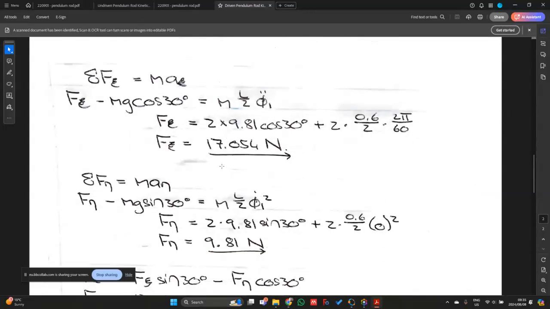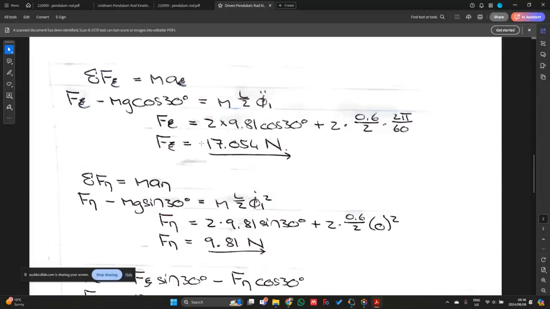Then I can also just do force equilibrium to calculate the force in the xi direction and in the eta direction. This is fairly straightforward with regards to the given acceleration. So I just break my accelerations up into the tangential and the radial parts.